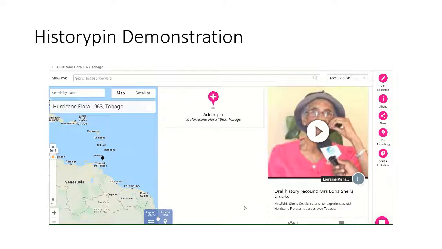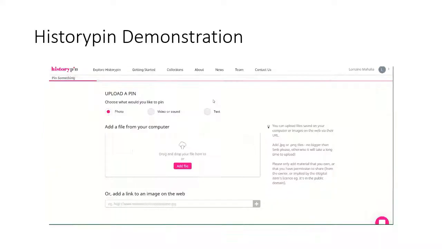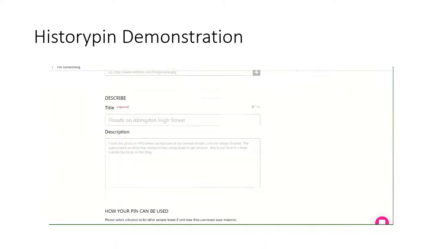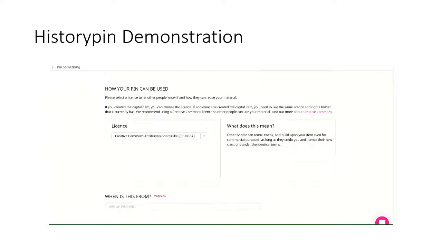So just think that if we had a number of students interviewing elders in that community and creating either short videos or little photographs or just things that they would have recalled, and all of them creating a pin, adding to the pin. So here you can either put in a photo or video, text, or even an image online, just like I did.